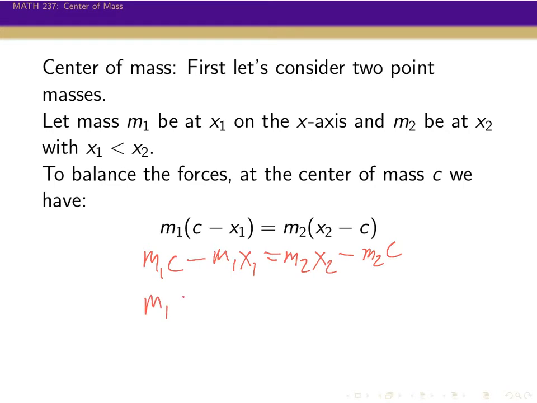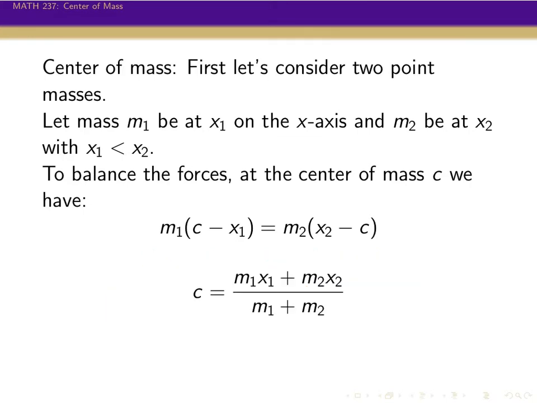So I have m1c plus m2c is equal to m1x1 plus m2x2. And now we can pull a c out from over here, and to get c by itself, we're just going to divide by m1 plus m2.